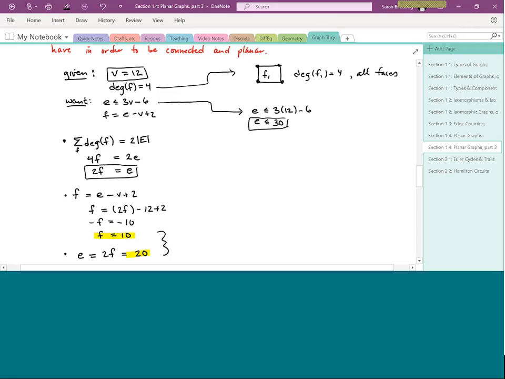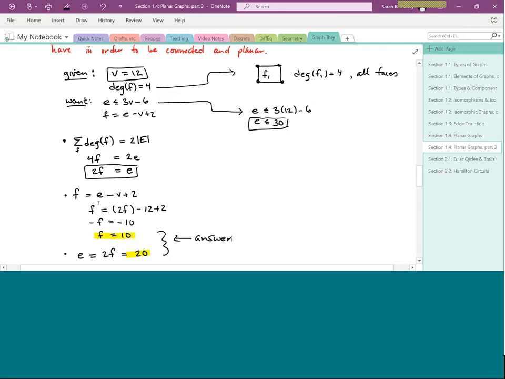But before you finish and actually say, yep, for sure, that's the answer, do your check. What's your check? Up here, the thing that we hadn't touched before, our inequality that says every planar and connected graph has to have the inequality of number of edges less than or equal to 3 times the number of vertices minus 6. We said that in our situation with our 12 vertices, that meant our number of edges had to be no bigger than 30.